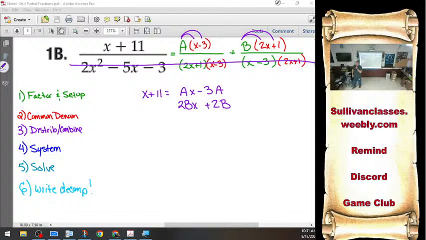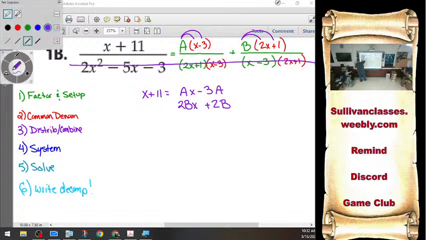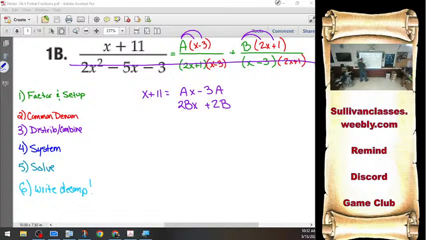Those numerators are going to start getting longer. This is only example 1. When you distribute, it might not be a bad idea to start lining them up by like terms, right? Instead of just one big long chain. Instead of saying ax minus 3a plus 2bx plus 2b in one big blah, blah, blah, blah, start lining them up by like terms when you simplify each numerator, because it's going to help us as we get towards the system to see where my like terms are.